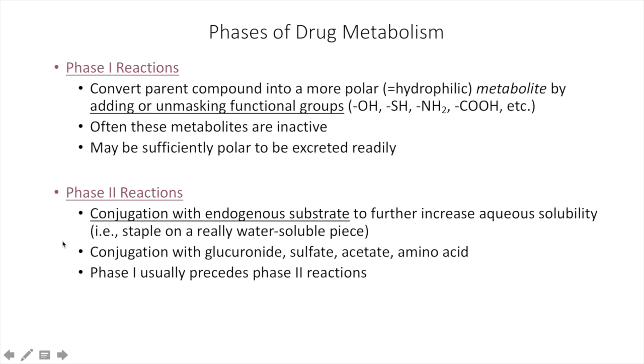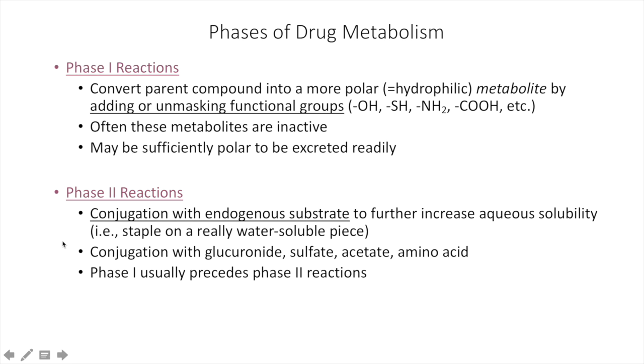When we talk about drug metabolism, we can think about two different phases. The first phase is where we're converting a compound into something more polar, a metabolite. And that's usually by making an OH group appear, either by adding it or unmasking it, making an NH or some kind of more polar functional group on the molecule.